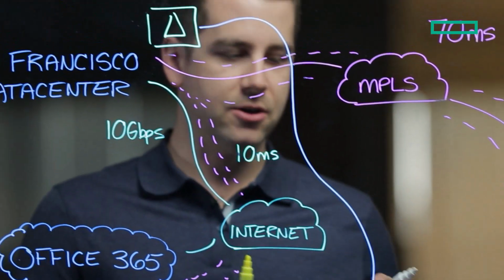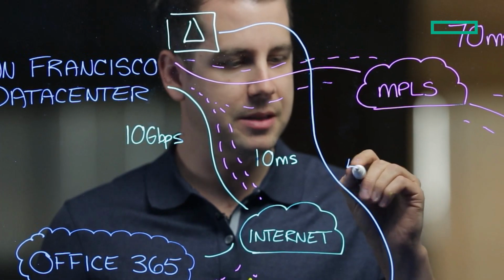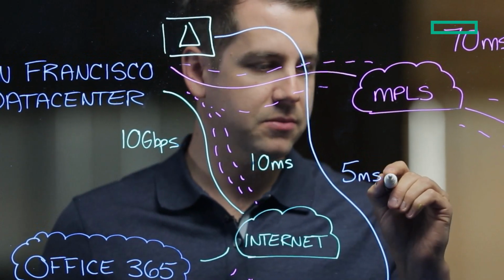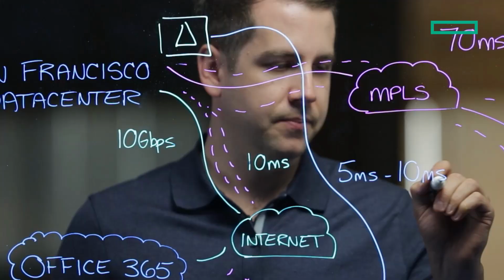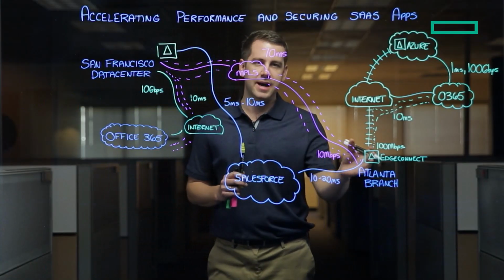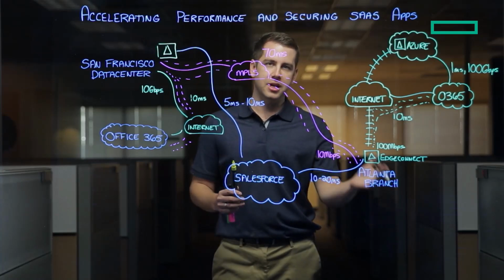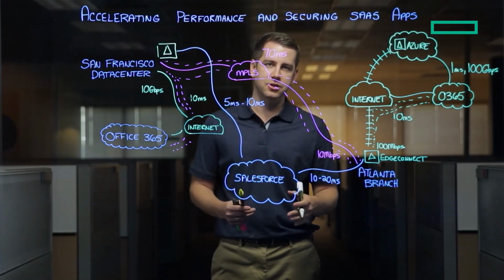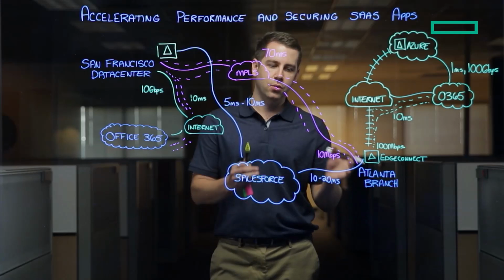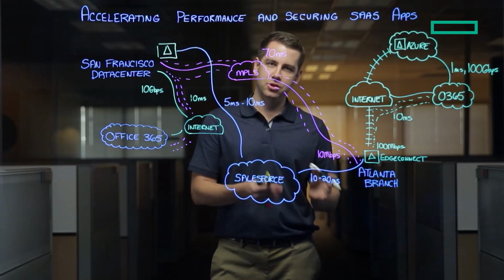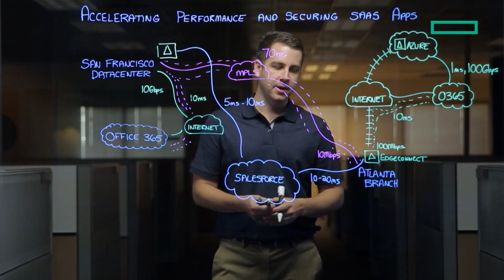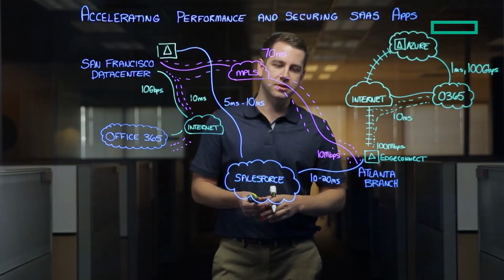And for subnets that are maybe closer to San Francisco, maybe he measures 5 or 10. And then when a user goes to access this new service, Salesforce here, he's actually able to look in our SaaS application engine and identify which subnets are closest to him, which are closest to his doorstep, and he will send that traffic directly out to Salesforce.